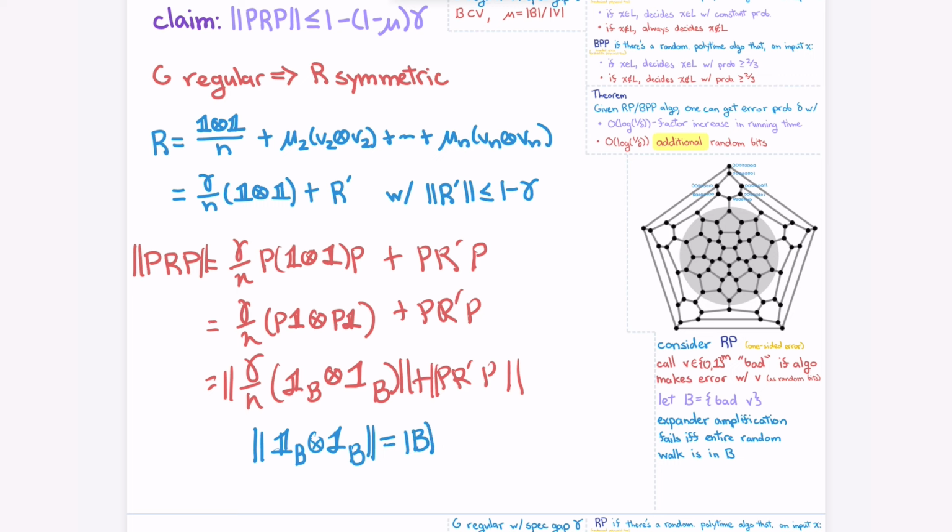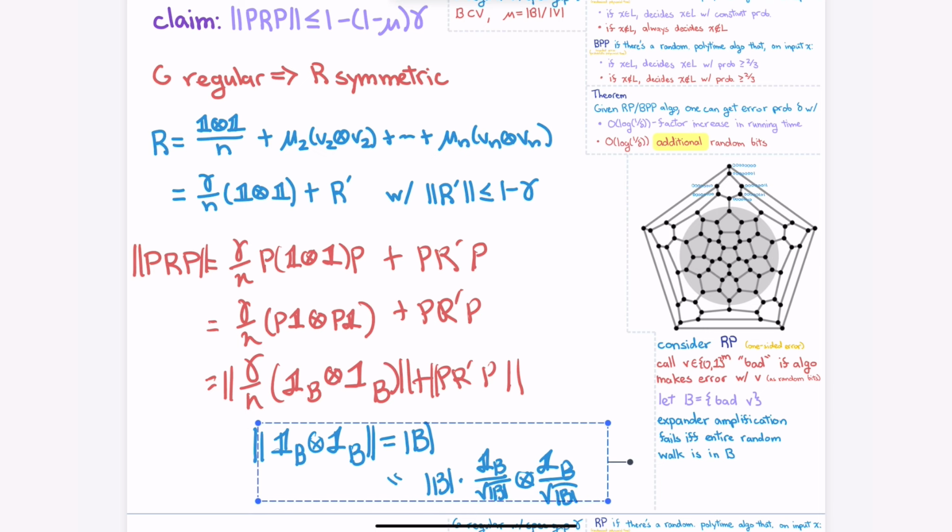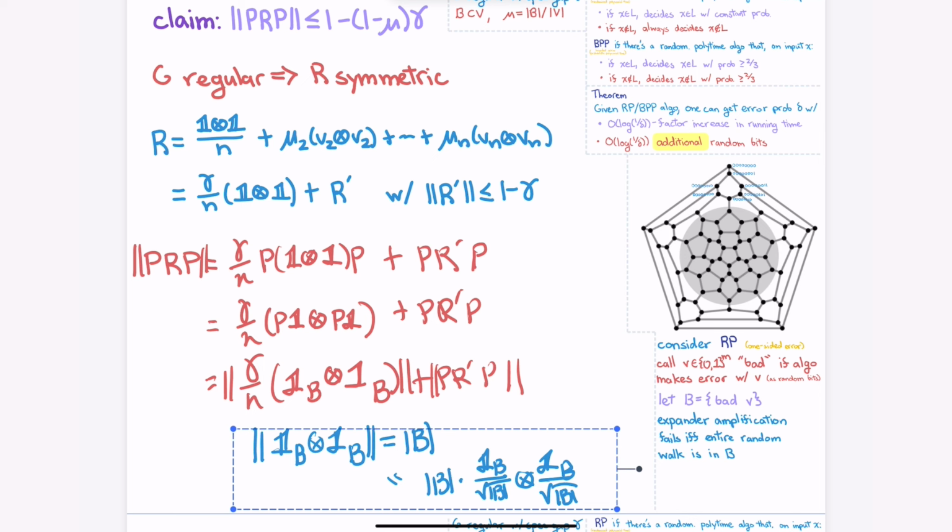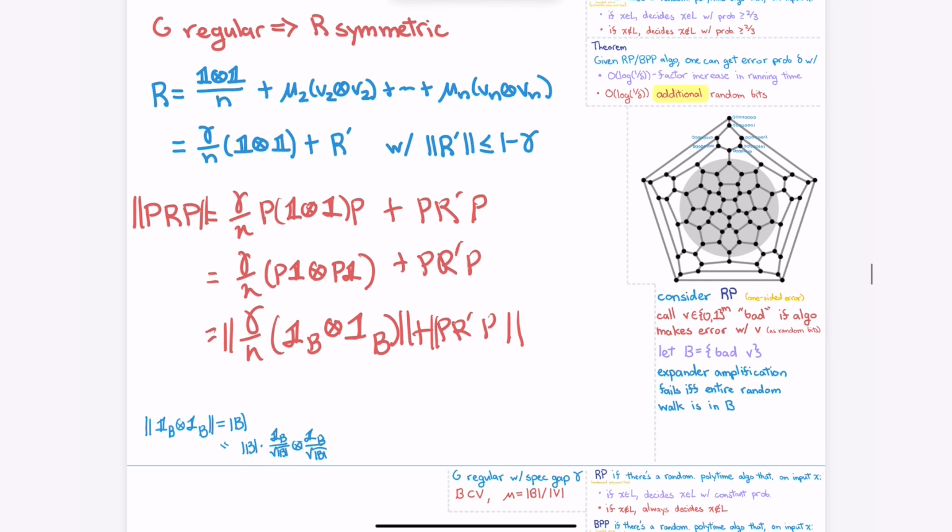This will be the size of B. One way to see this is that this is equal to the size of B times, if you normalize it to have unit Euclidean norm, ones B over square root size of B. Okay, so good. So this is gamma size of B over n.